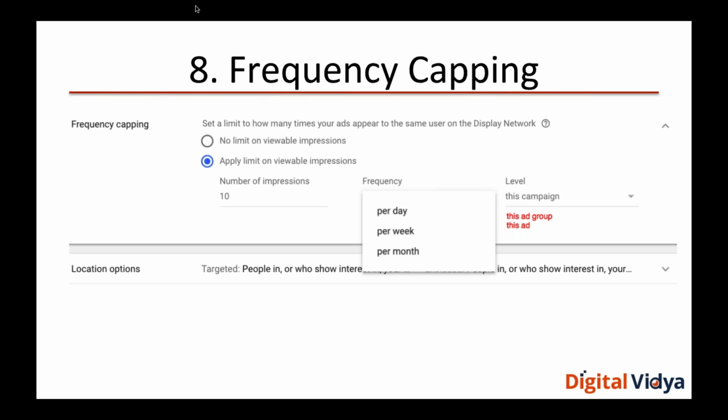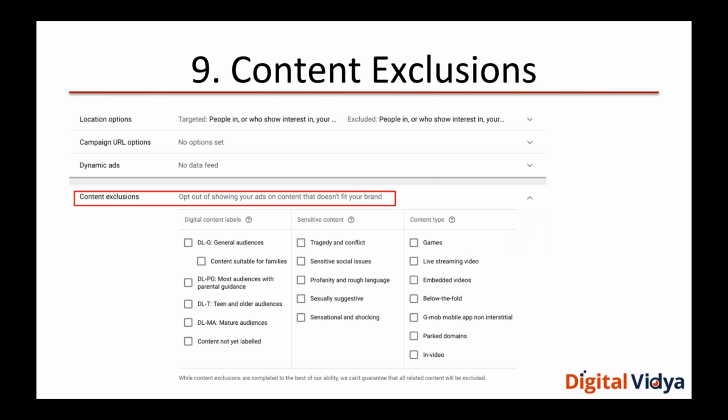So depending upon what you wish, you can set the frequency and the level in the frequency cap. Yeah? Any doubt? Okay.